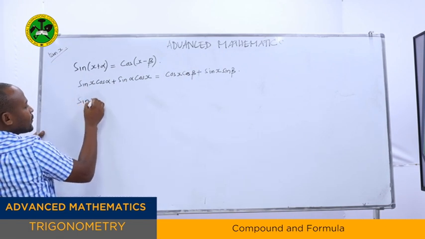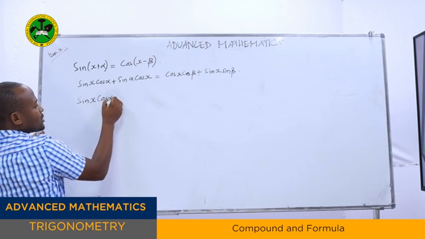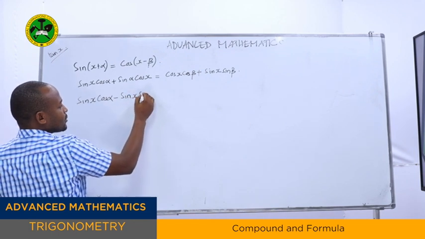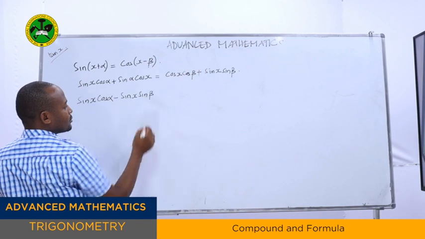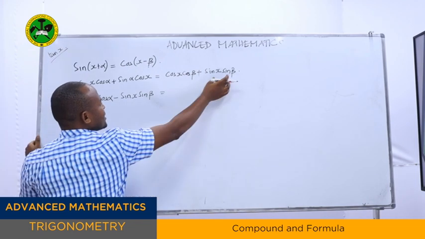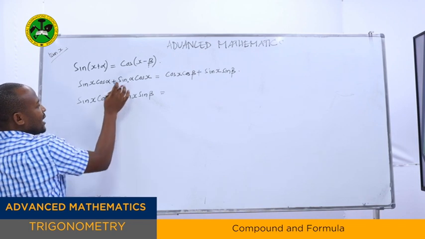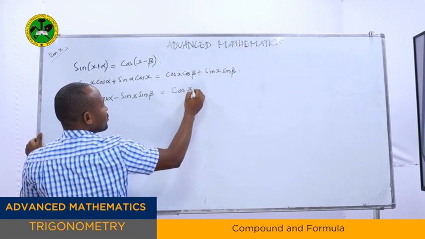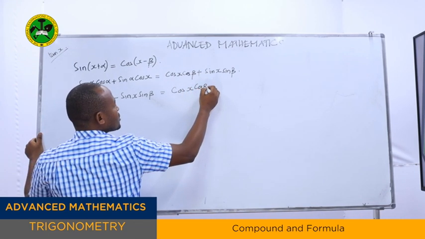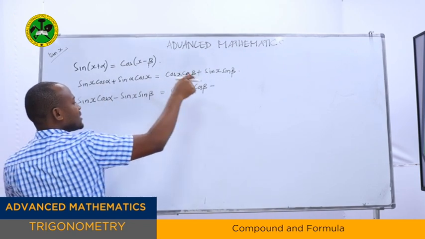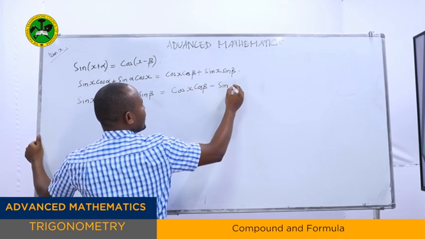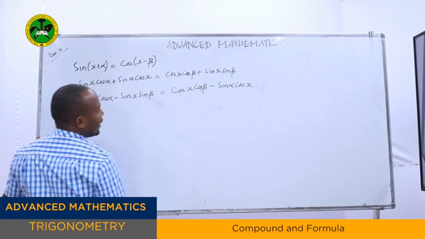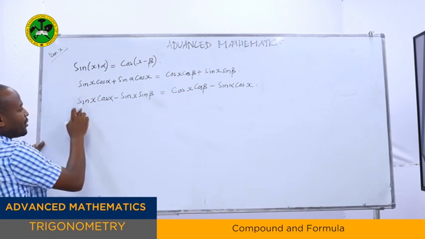That means we have sine of x cos alpha minus sine x sine beta, that means this comes to the other side and this will go to the other side. That means we are going to have cos of x cos of beta, then this to that side, it will be sine of alpha cos of x.